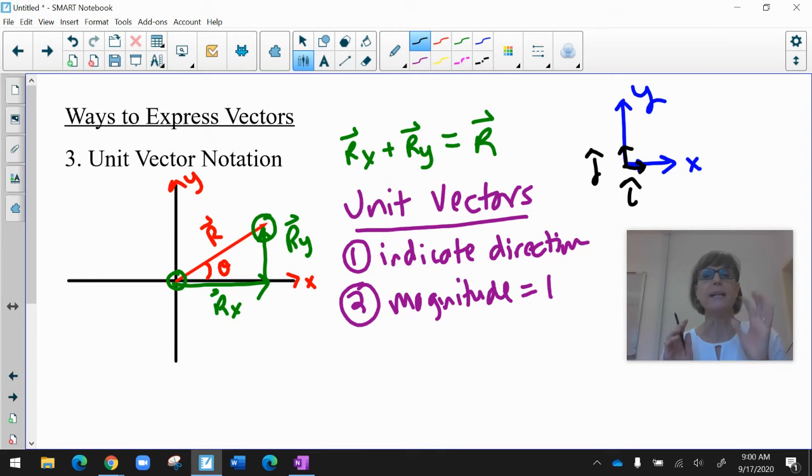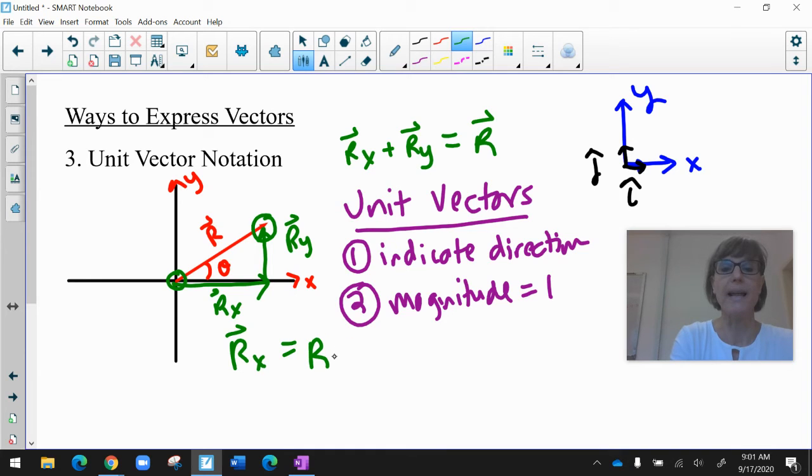It's an old-fashioned engineering term. I don't really know why, but when you go to college, if you take this course again, or if you take a later physics course, these are the symbols that they're going to use. So that means that I can take my rx vector and express it as the magnitude of it, the length of it, and then I can tell what direction it's in by putting a unit vector.